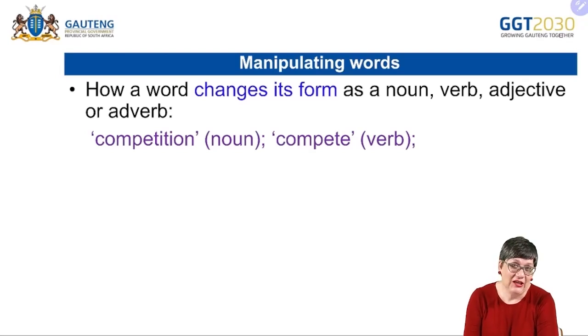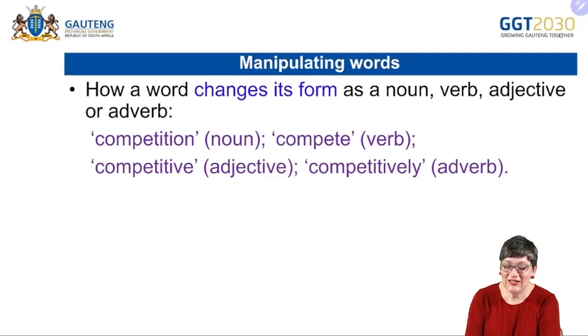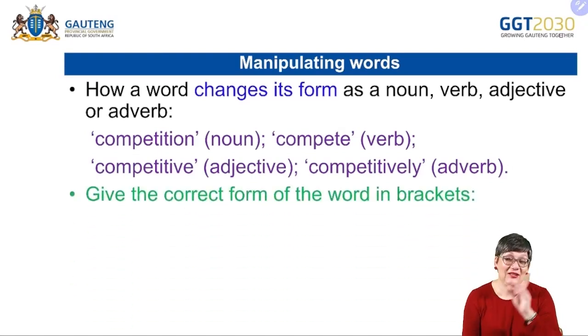And we can change it then to a verb, which will be compete. But I can also change it into an adjective, competitive, or an adverb, competitively. Wow, amazing, hey?